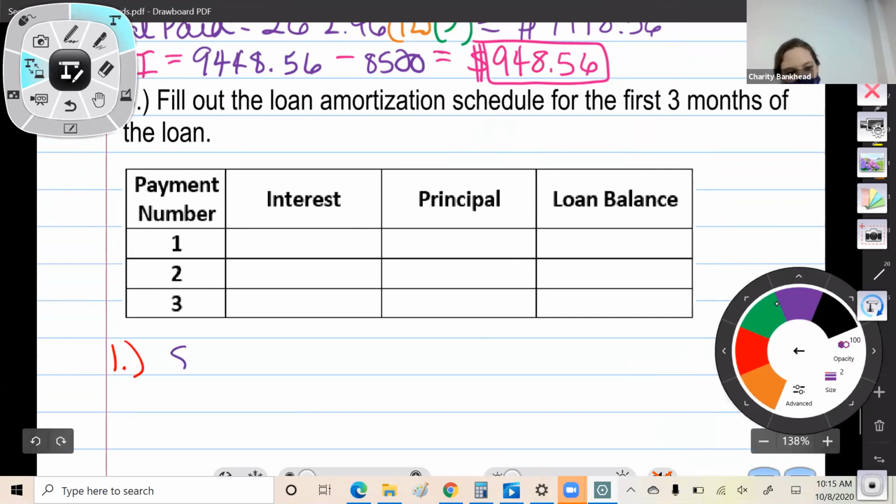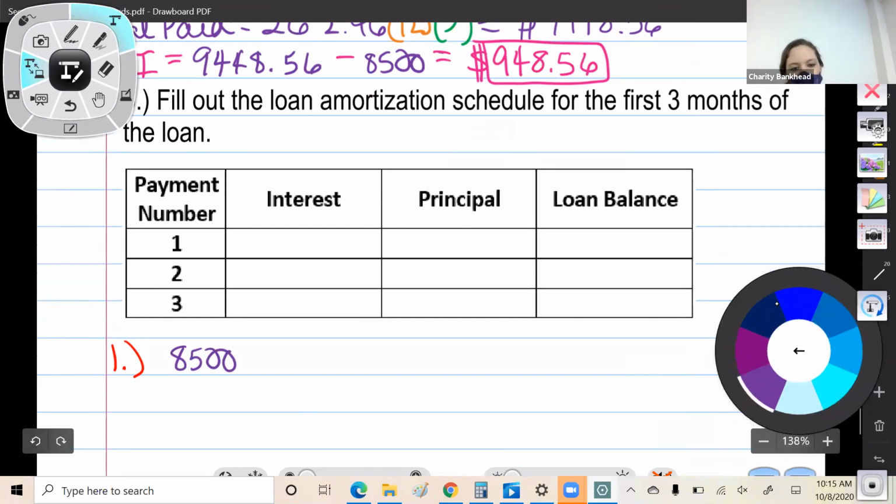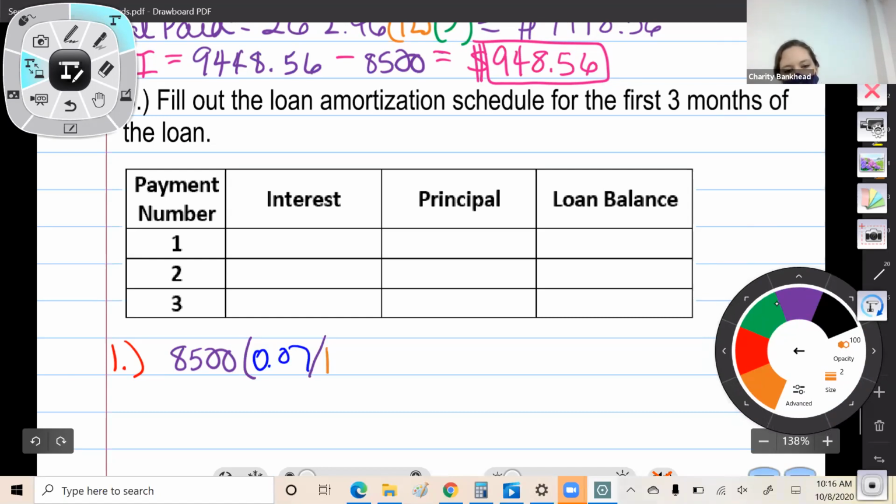The balance starts at 8,500, and then you multiply that by R over N to see how much interest you're paying in the first month. So the amount of interest that you have to pay the first month is $49.58.